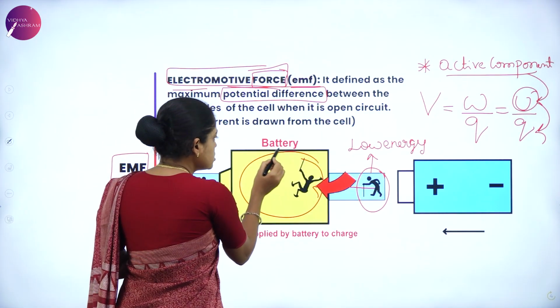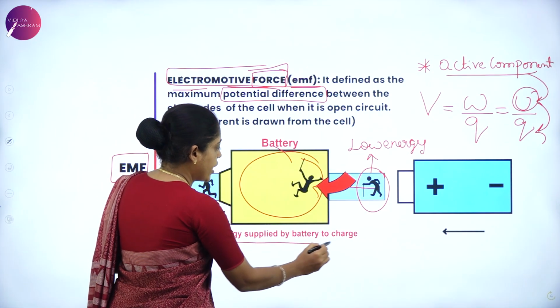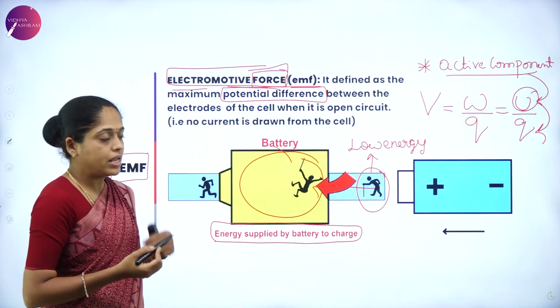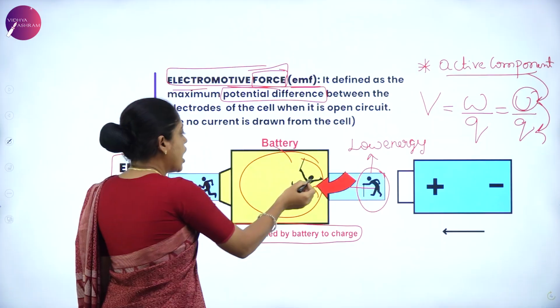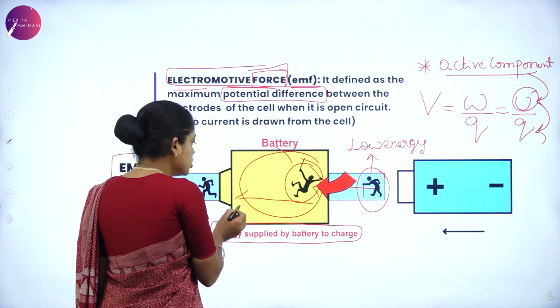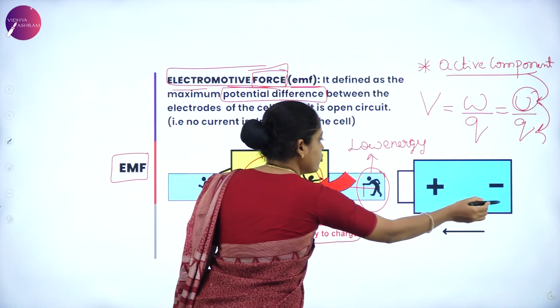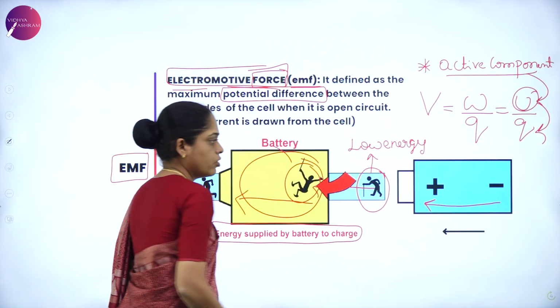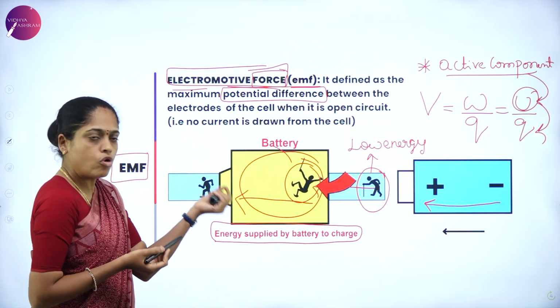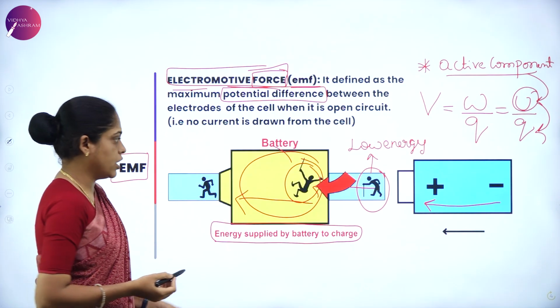the energy is supplied by the battery to the charge by the chemical reaction. And after this, it is moved towards the positive terminal of the battery from the negative terminal. From the negative terminal, the charge is moved to the positive terminal.